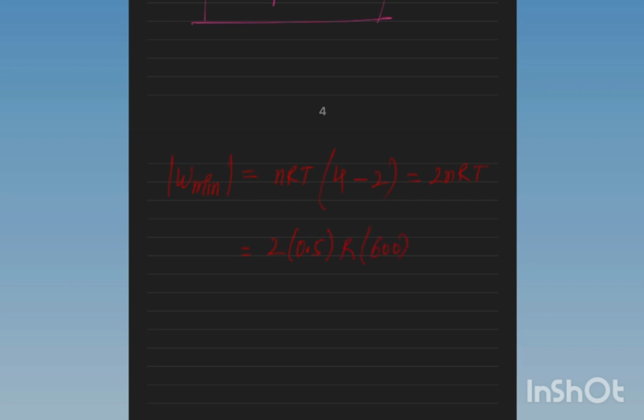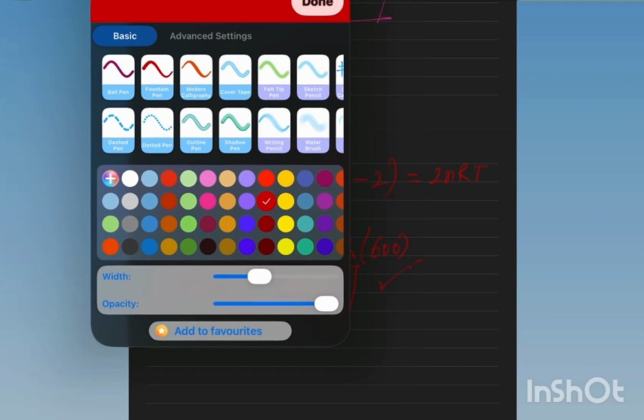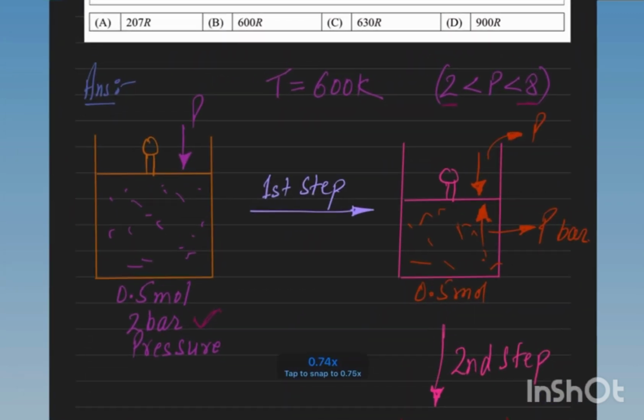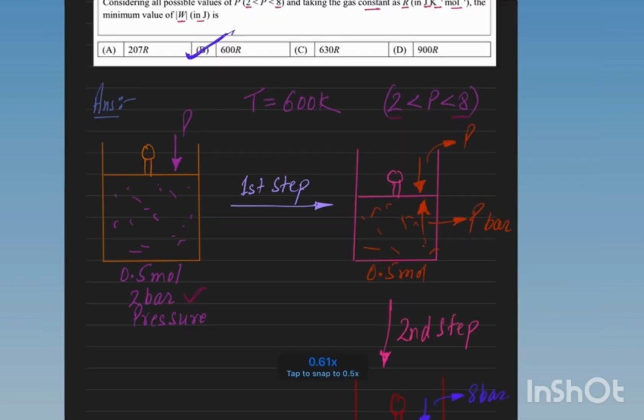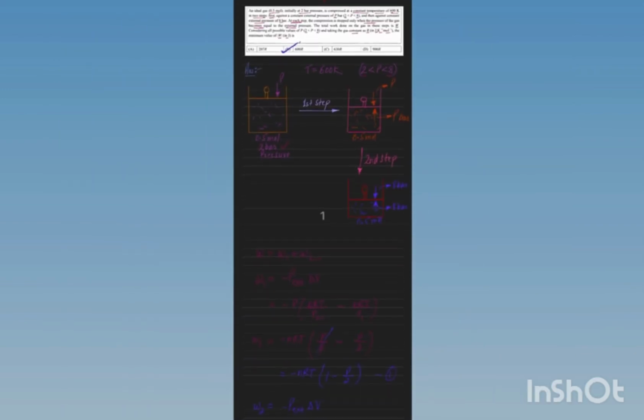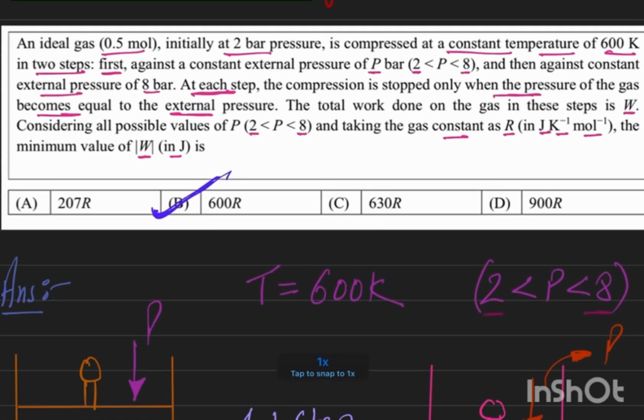Temperature is given as 600, so this will be equal to 1200 R. So that will be the W minimum. So this will be our final answer. So here the answer should be option B. Thank you for watching.